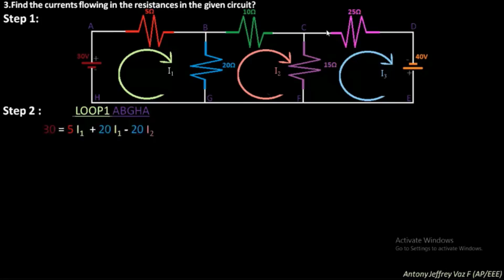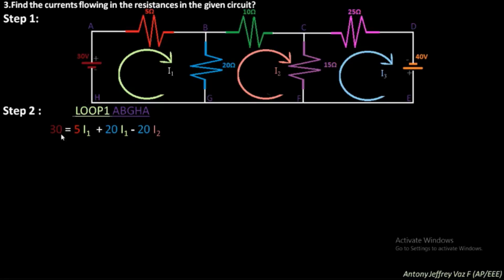Next, you are going to the loop 1 equation. You need to start from the battery. Here you can see the current I1 is flowing from the negative terminal of the battery towards the positive terminal, so there is a rise in potential.